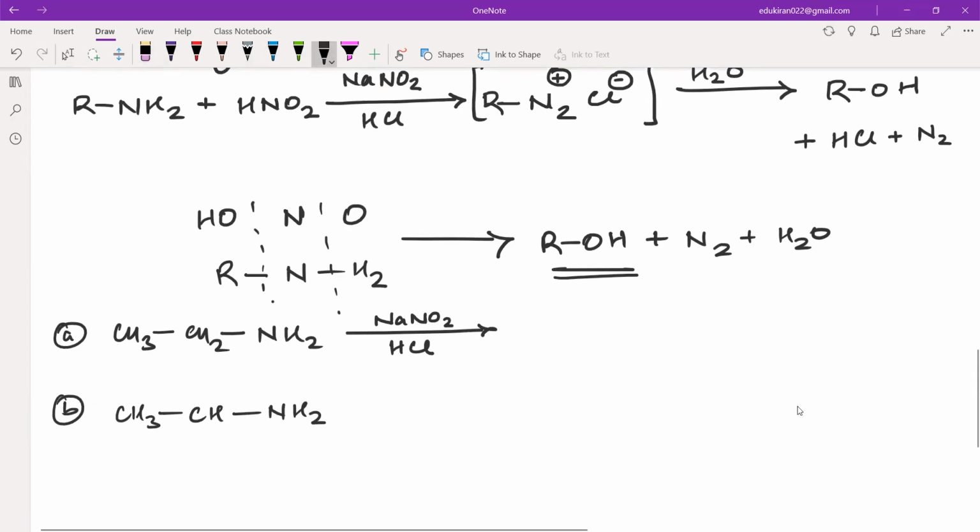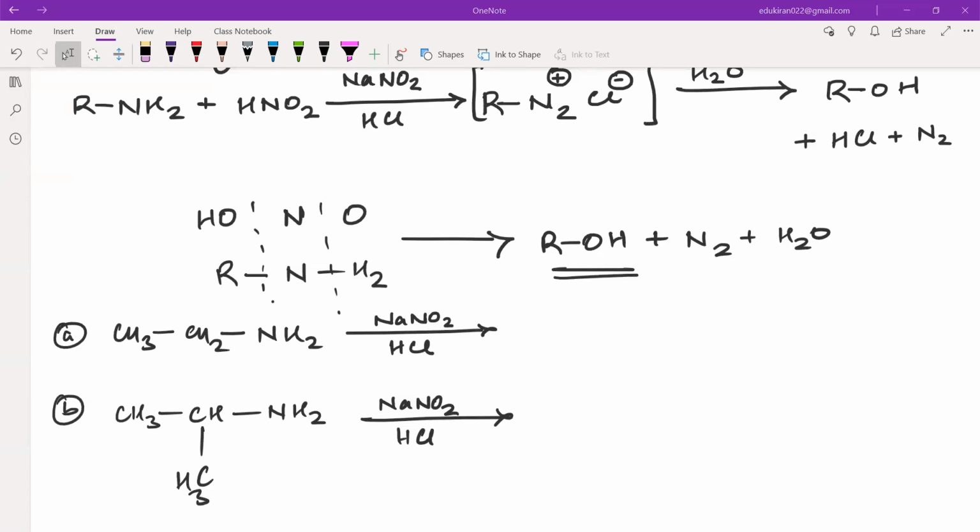First of all, tell me, is this B a primary amine or a secondary amine?